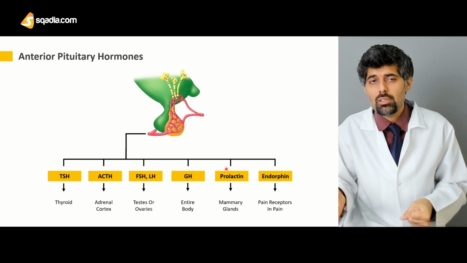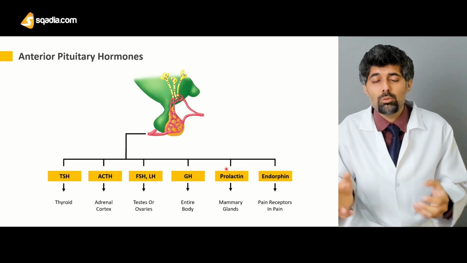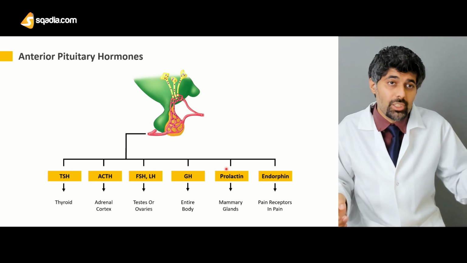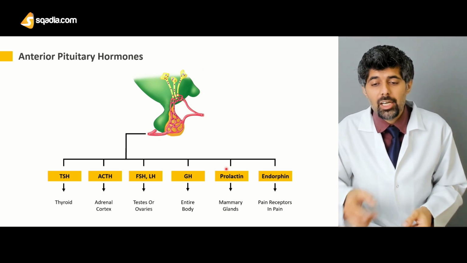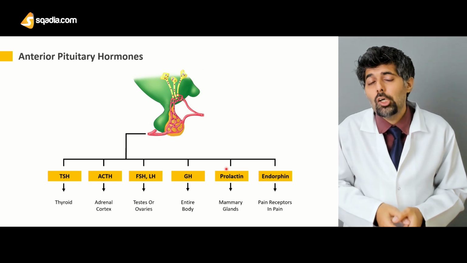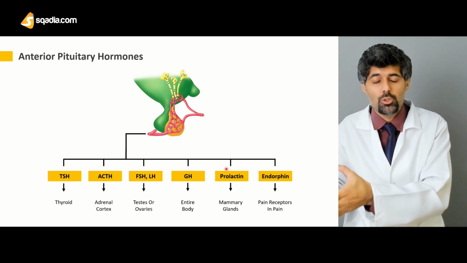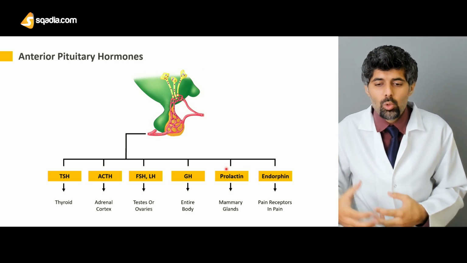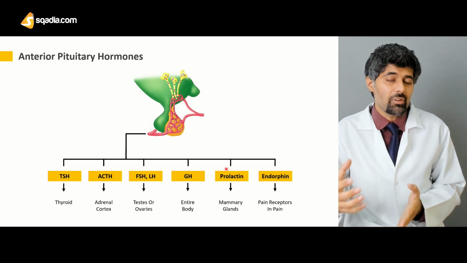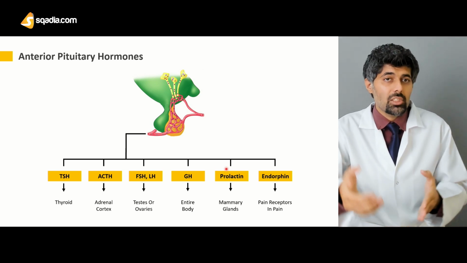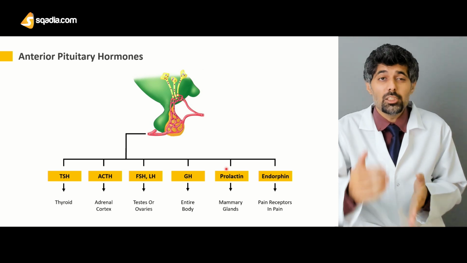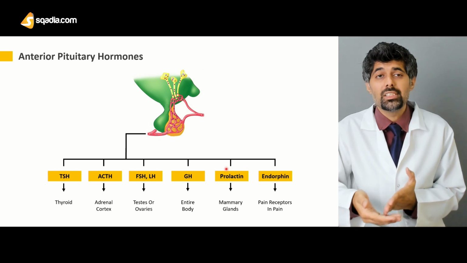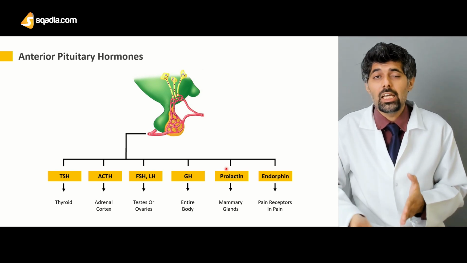One of the major ones produced in larger amounts among those minor hormones is the endorphin. Endorphin is the hormone which is usually associated with the perception of pain. So whenever endorphins are released in larger amounts, the perception of the pain is reduced, while if they're released in lesser quantities, the perception of the pain increases.